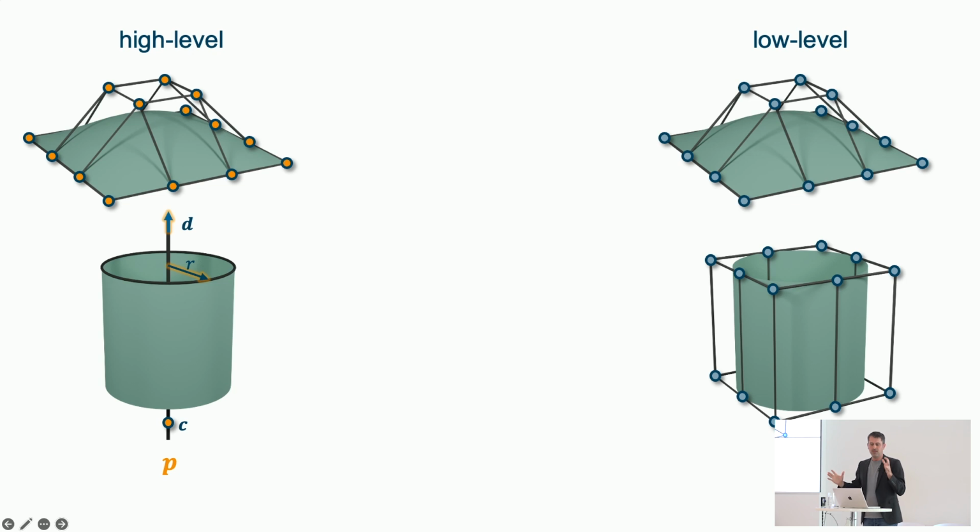So instead, what you want to do is define some high-level parameters, for example, the radius or the center of a hole, and then go from those to the low-level parameters. And with this, you can, to some extent, keep the shape, the designer's intent of the model. And this is one piece of the ingredient.